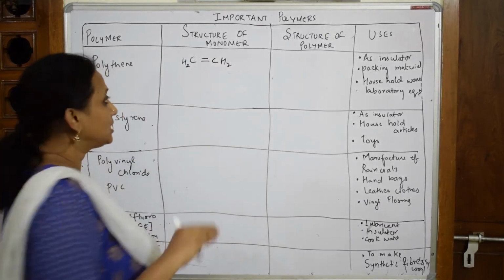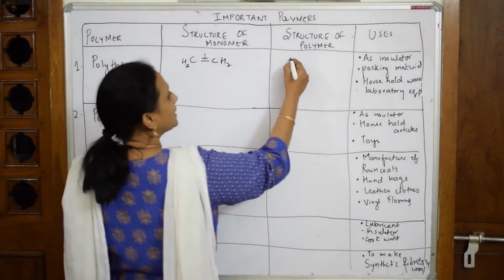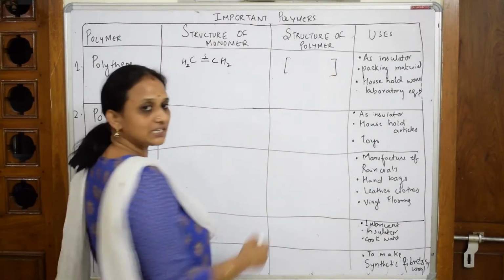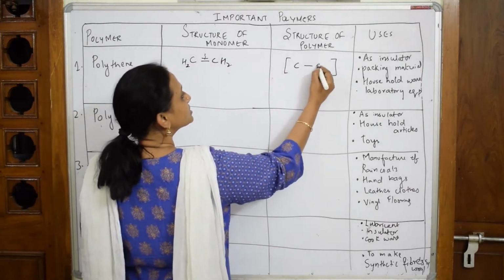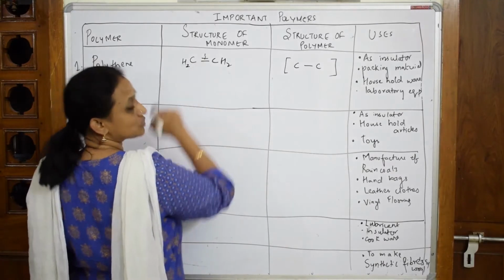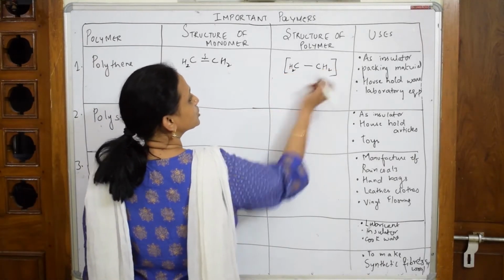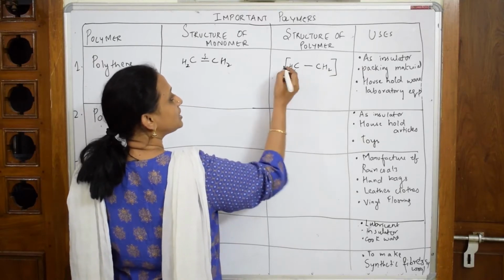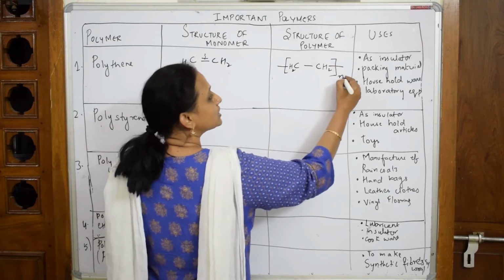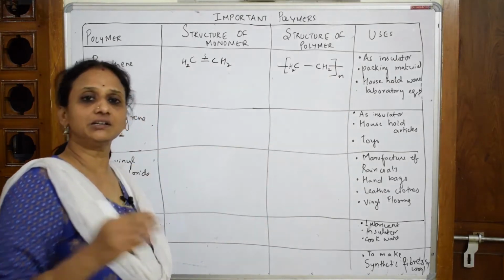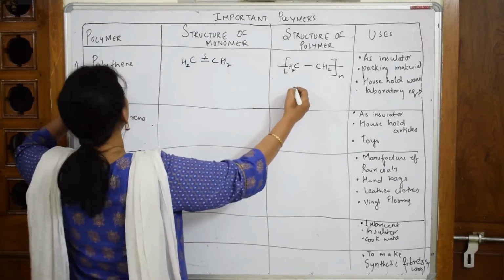Now when I have to write the polymer of this, the double bond breaks up, and you write a square bracket. 2 carbons linked with a single bond: CH2, CH2. Each carbon's remaining bond is on either side, and you write a small n, which means the chain continues in that way. So this is called polyethylene.